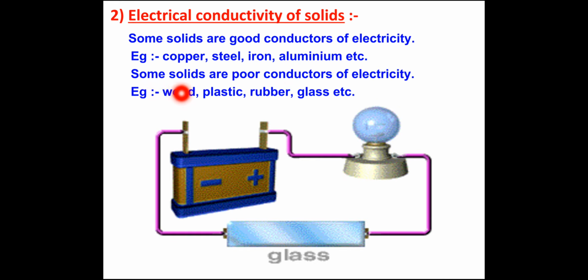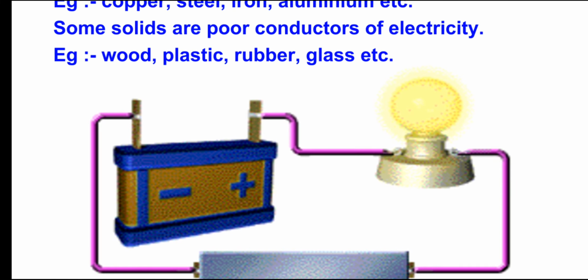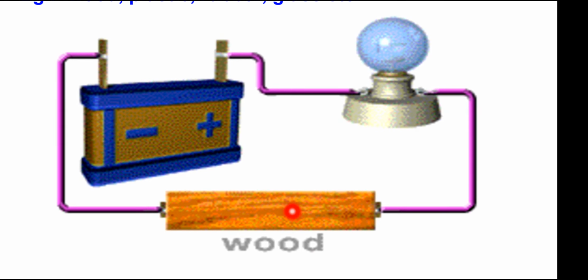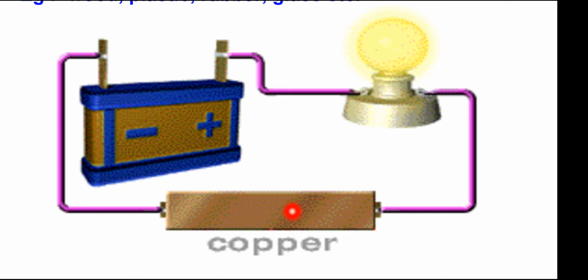Now some solids are poor conductors, for example wood, plastic, rubber and glass. These are poor conductors of electricity. So here you can see in this diagram, when wood is used, the bulb is not glowing, but when a copper plate is used, the bulb is glowing.